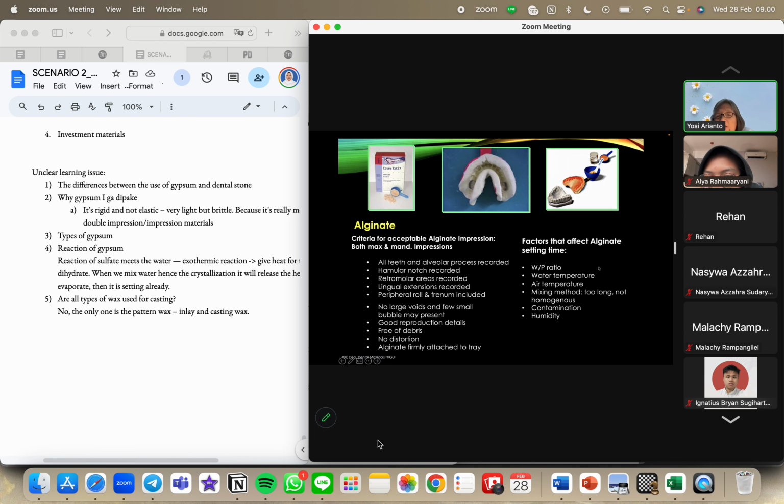Okay. Then what factors will affect the alginate setting time? Usually, the temperature of water. First, the water-powder ratio, you already know.